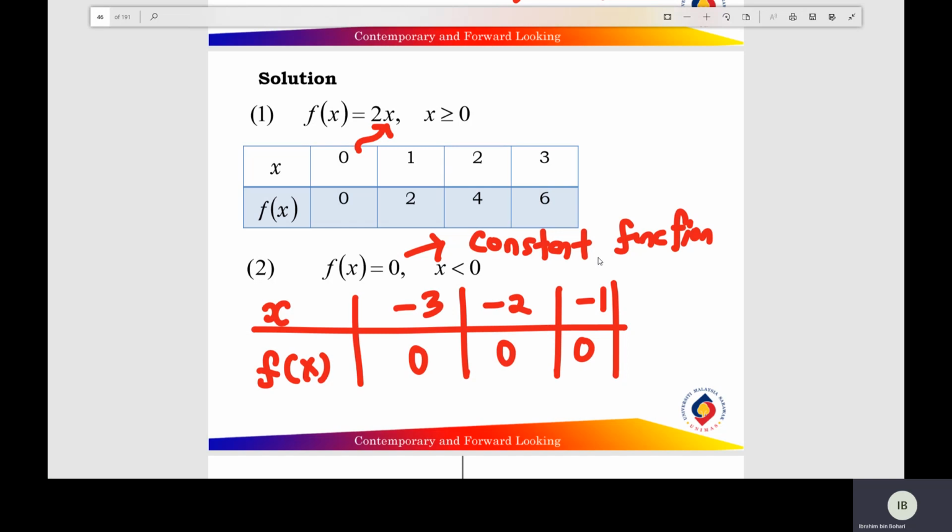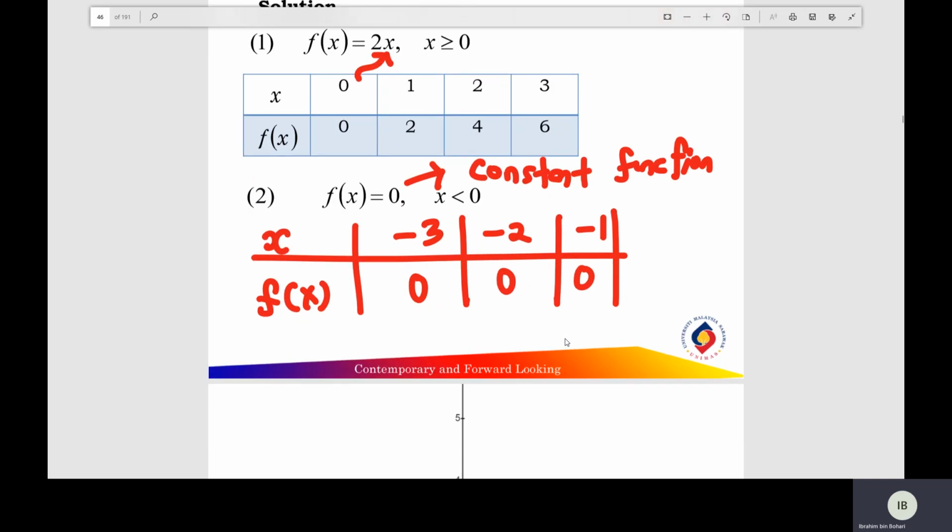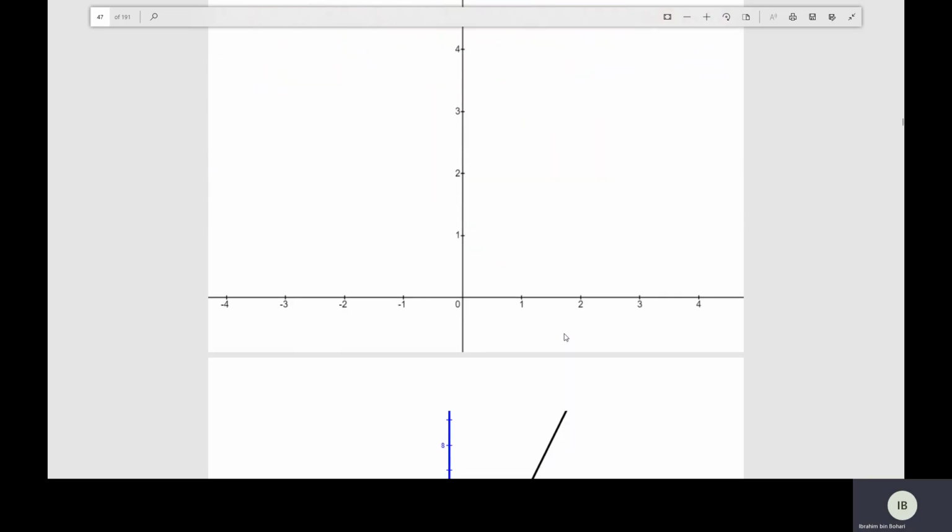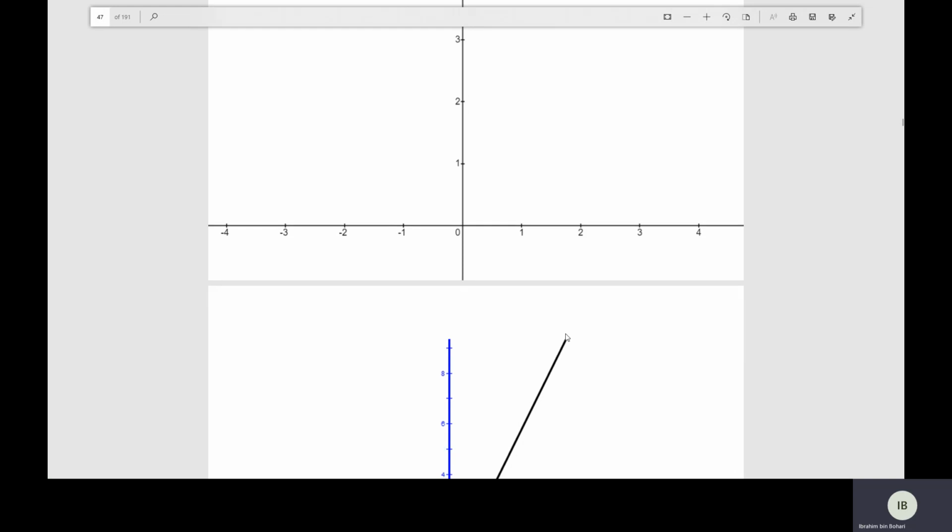You can choose any value of x and the value of y equals 0. Then you plot the graph of the absolute value function. So you plot all the points here.